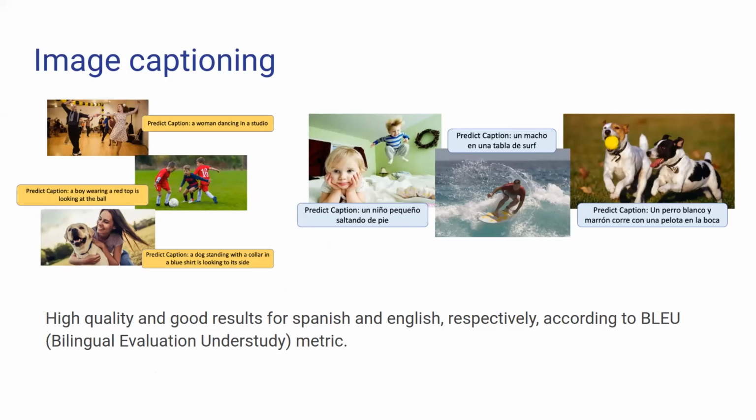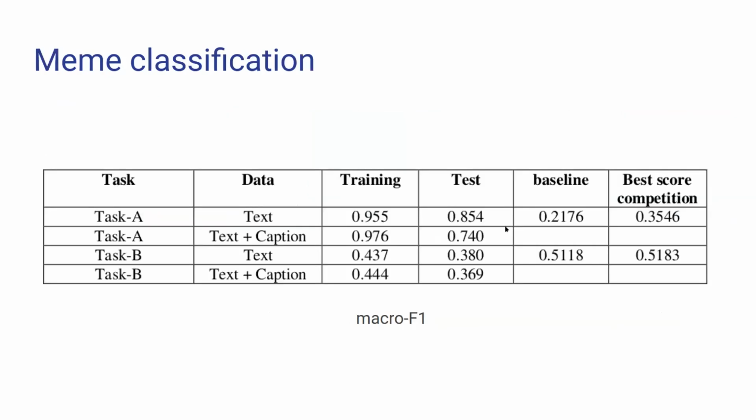In general, we obtained very good results for Spanish and English, according to a metric called BLEU, or bilingual evaluation understudy, which is a metric very used in automatic machine translation. So this is the input for the vector representation of the text, and then we concatenate this textual representation of the image with the text that is provided by the datasets, and then we use our support vector machine algorithm.